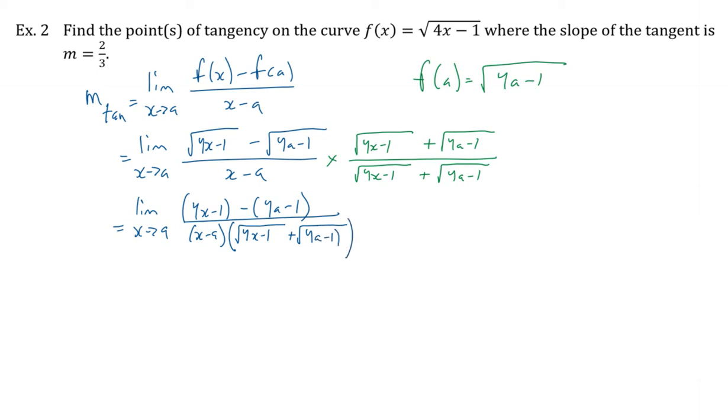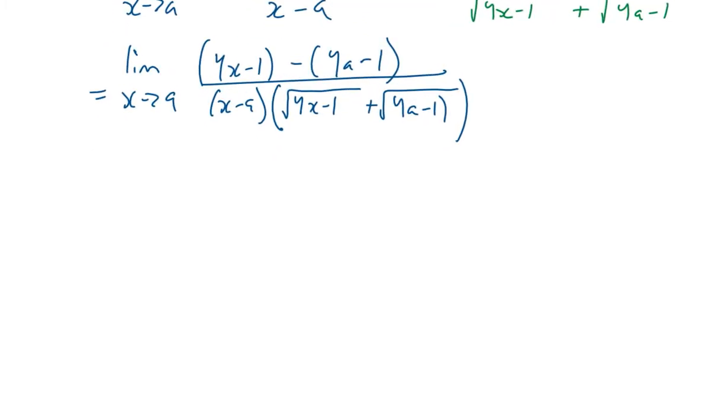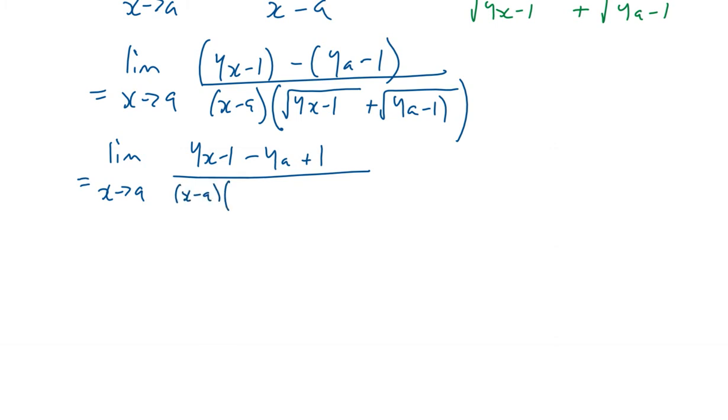Okay, so it should look like that. Plus 1. So there's your negative 1 and your plus 1 are going to add to 0. And that has to happen.